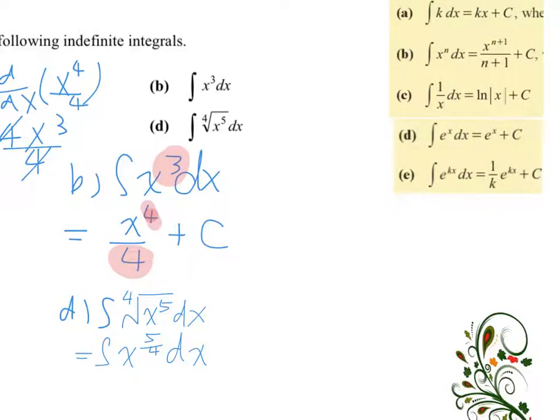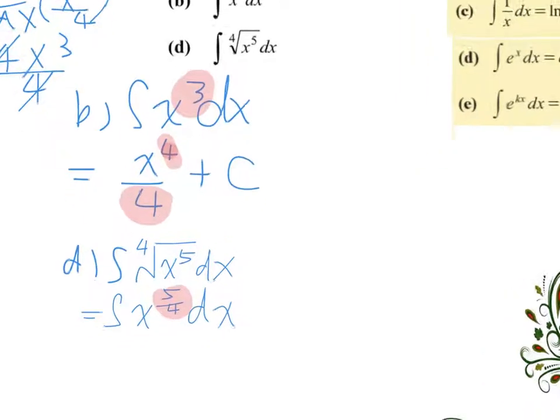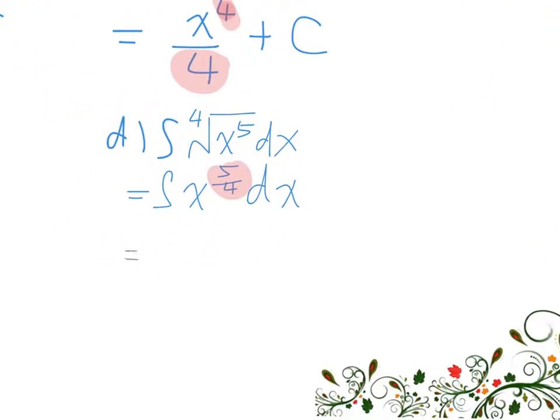Well, always we do index form. And then we got it to be plus 1 as stated in the formula. Plus 1. So 5 over 4 plus 1, you will get 9 over 4. 5 plus 4 equals to 9.